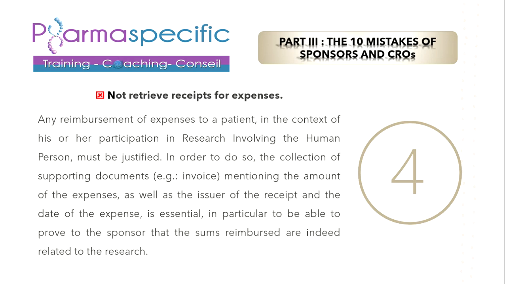In order to do so, the collection of supporting documents, for example invoices, mentioning the amount of expenses as well as the issuer of the receipt and the date of expense, is essential, in particular to be able to prove to the sponsor that the sums reimbursed are indeed related to the research. So it is important that the sponsor can link the expense to the research.